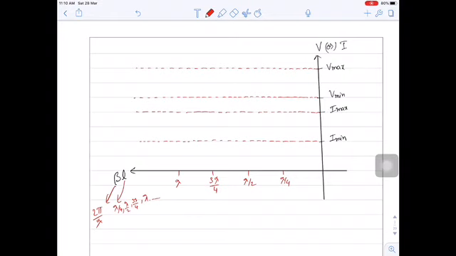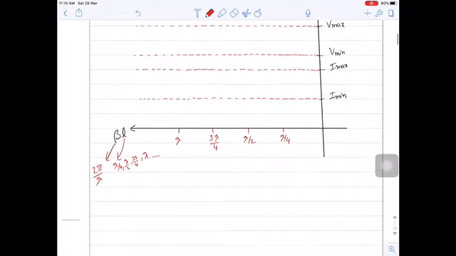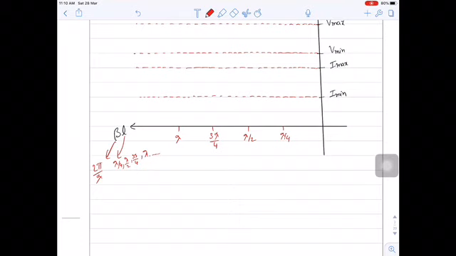Once you substitute these 4 values in beta L, the first value, 2 pi by lambda into lambda by 4, gives you the corresponding value as pi by 2. Similarly, if you substitute lambda by 2, then its value is pi.